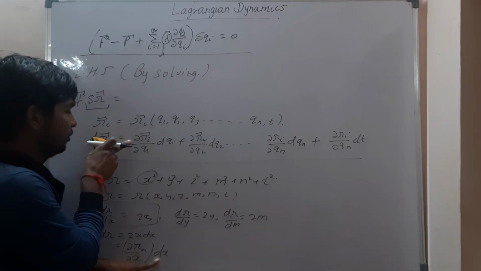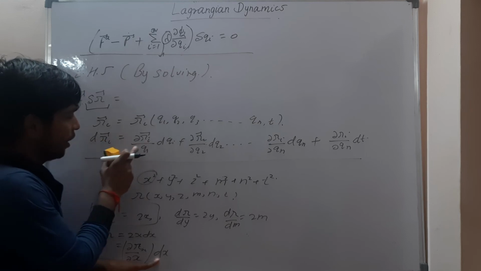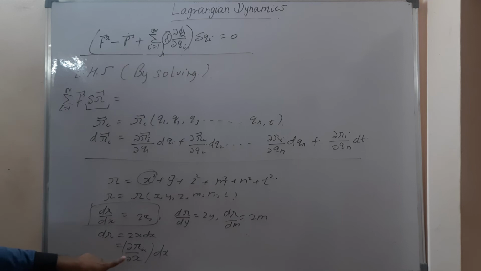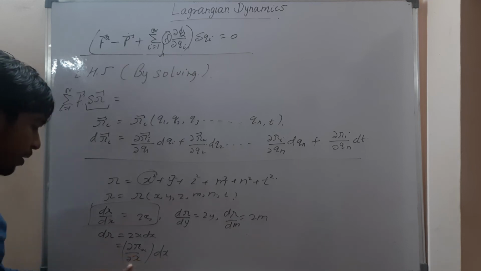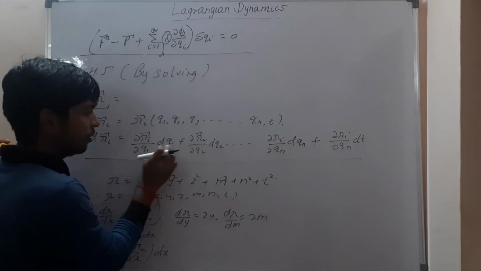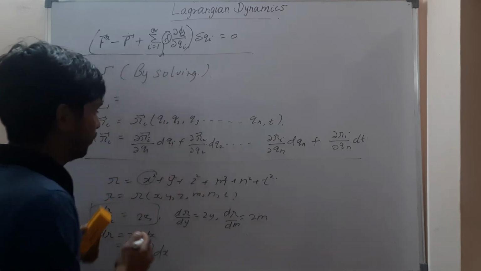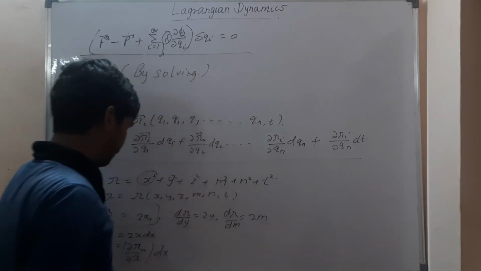Same thing. What did I do? Here also, I differentiated with qi multiplied with qi. Same dr with respect to dx. So either dou by dou x, dou by dou q1, and here also q1 will come. So if I am doing the second part, same thing.